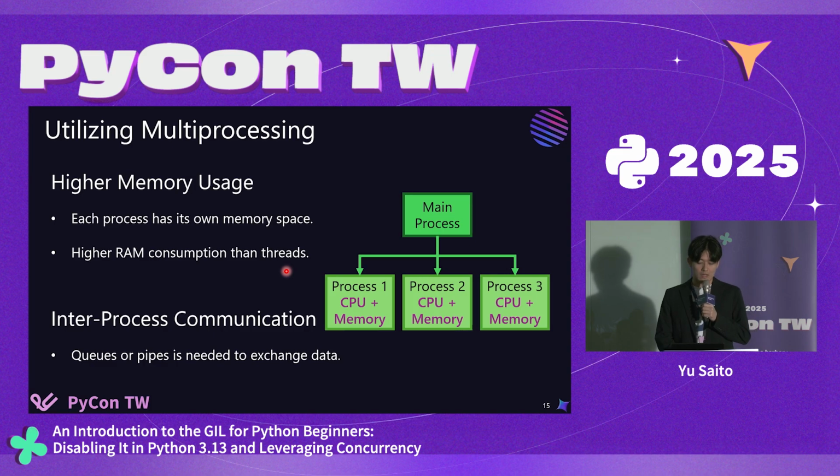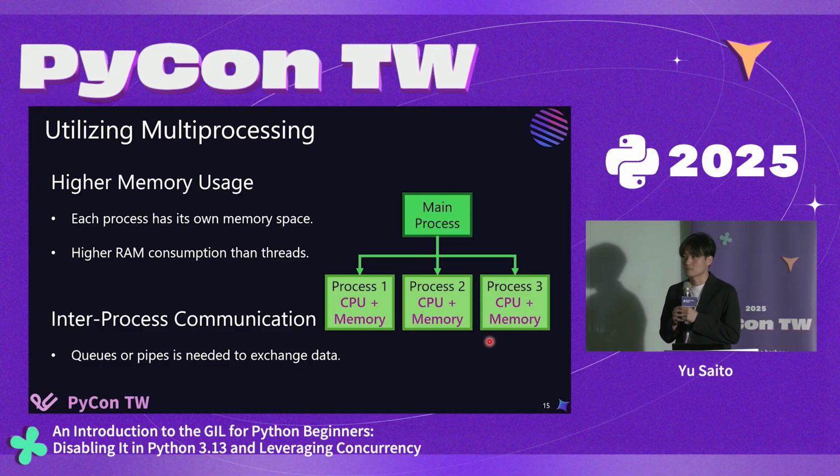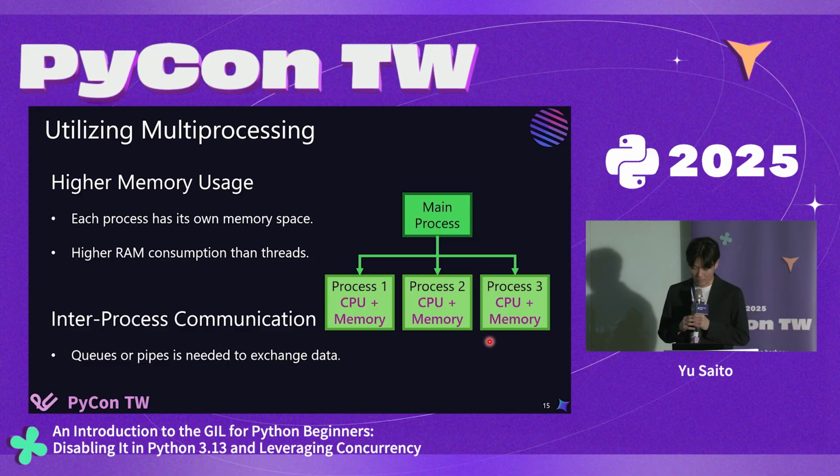This is because, as shown in the graph on the right, each process has its own CPU resources and memory. This is different from multithreading. In the case of multithreading, the threads share the CPU resources and the memory.